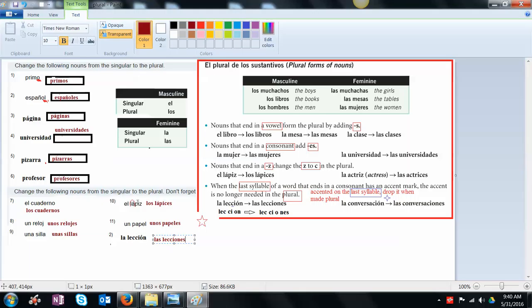This accent mark is in the first syllable, so I leave it. This accent mark was on the last syllable, so when I make it plural, I've shifted the position of my O. Here, when I make it plural, my A is in the first syllable, lápiz. When I make it plural, it's still in the first syllable, lápices. But down here, I actually shifted my O, and so I can leave out the accent, because when I make it plural, then it starts following the grammatical rule for the accent marks.